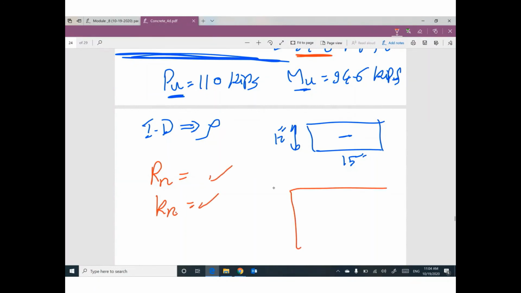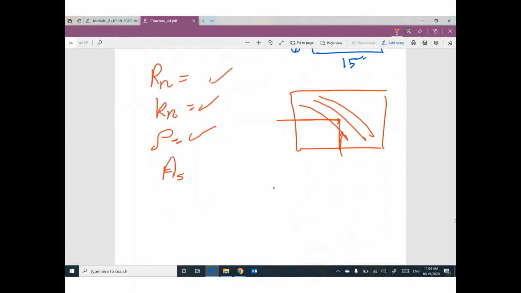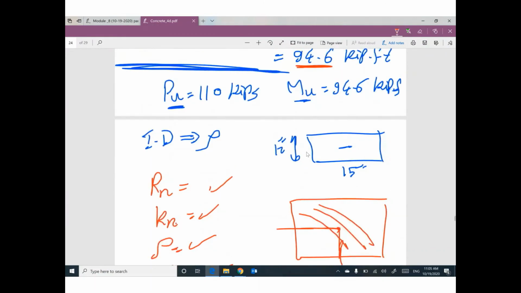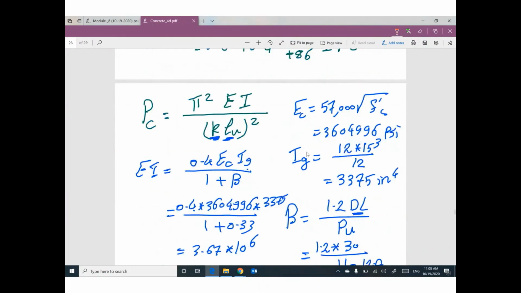Put this value and this value to figure out the value of rho, and tell me what is the area of steel, and tell me this area of steel, how many bars and what is the size. And don't forget this number must be an even number. No, you have to continue. Right. Okay. It's a long problem, but it's very easy. Thank you.